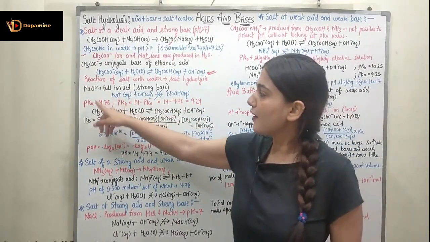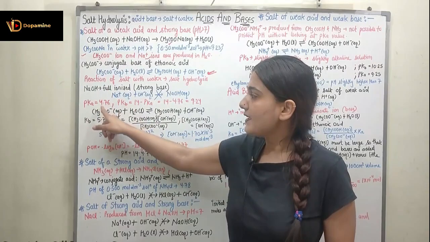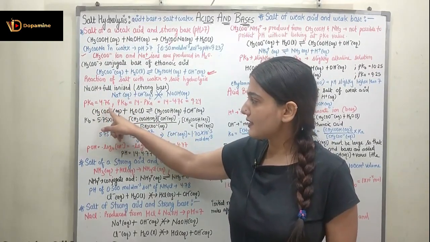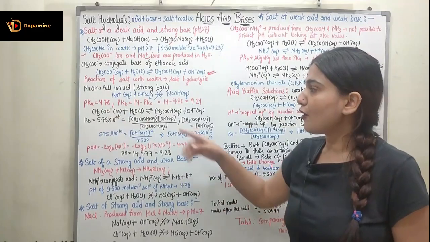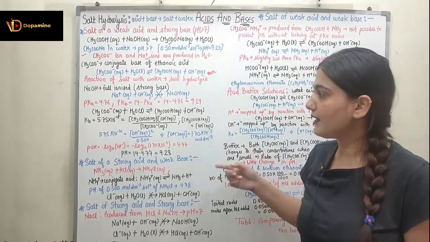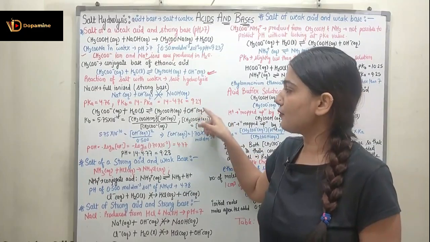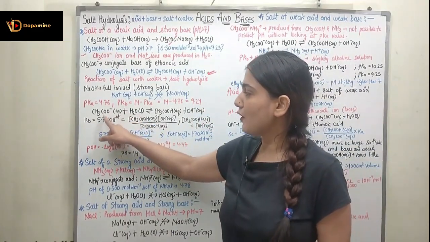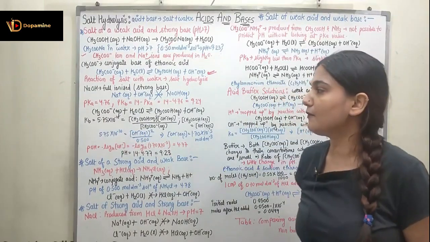Now if I observe, the pKa for the acid is 4.76, and pKb is 14 minus pKa, which is around 9.24. Now we have found the pKb, so let's observe the reaction of the ion CH3COO negative with water.